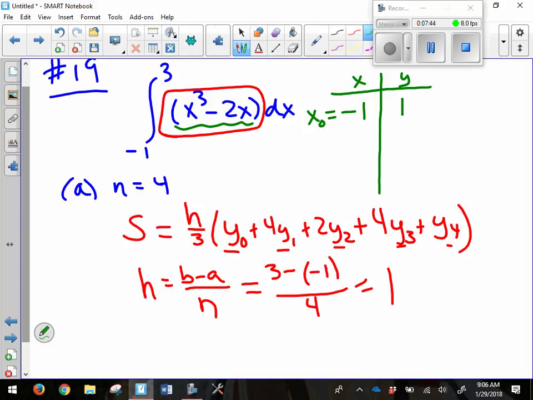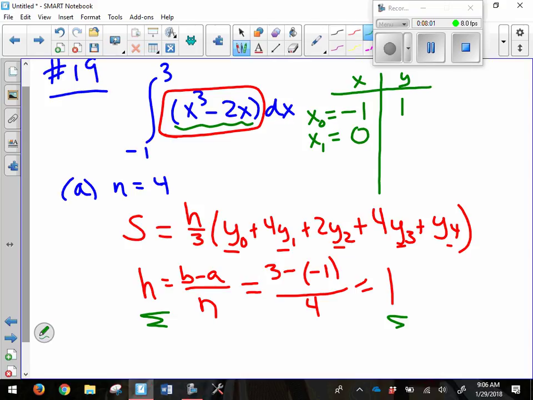Okay. And how about x1? That's going to be equal to 0, because remember, the width of my subinterval is this h, which is equal to 1. Most problems will have that.